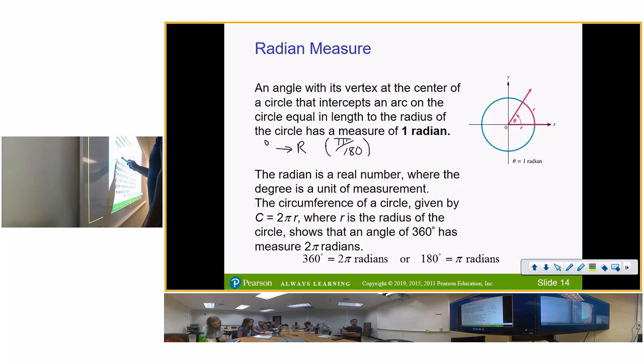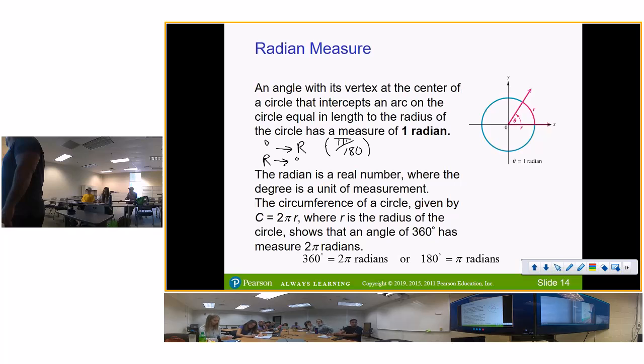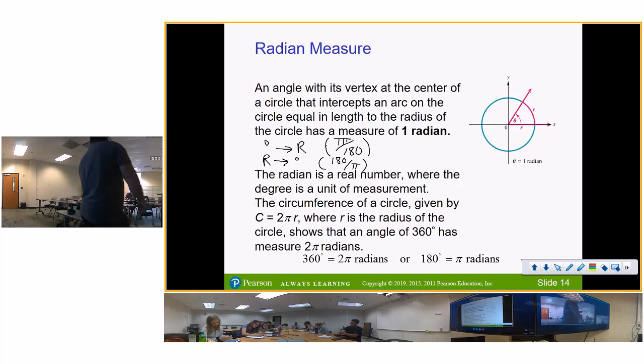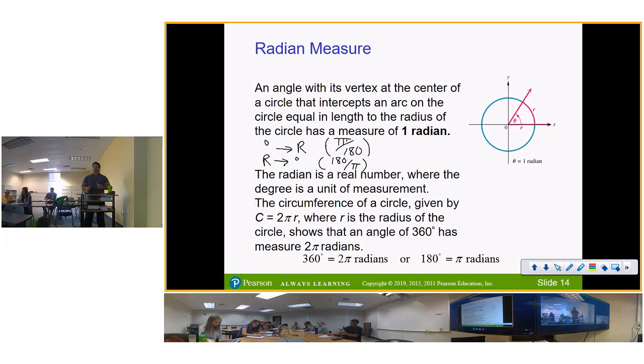If you want to go from radians to degrees, you multiply by 180 over pi. Always remember, you have to cancel the unit you don't want.